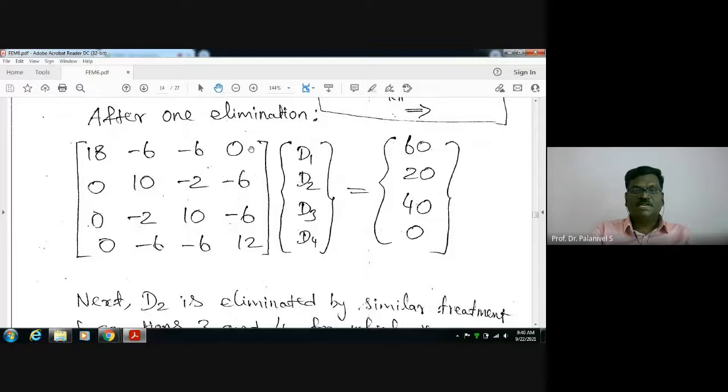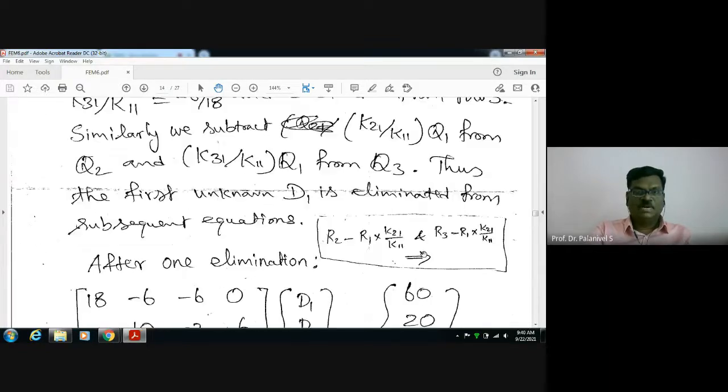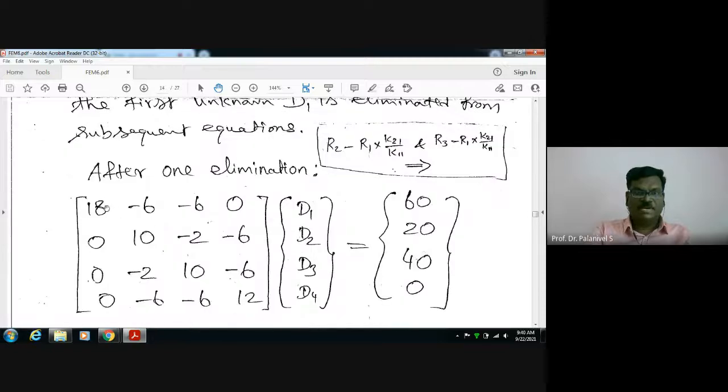So after one elimination, we are getting like this. You are multiplying row 1 by a factor minus 6 by 18, and then subtracting it from row 2 and writing it in row 2. You are multiplying row 1 by a factor k31 by k11, and then subtracting it from row 3.